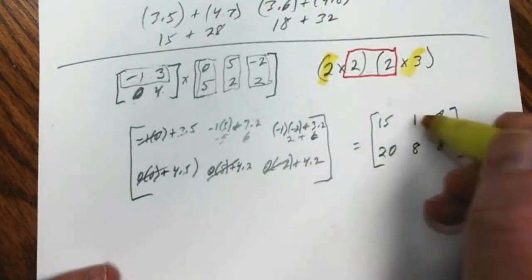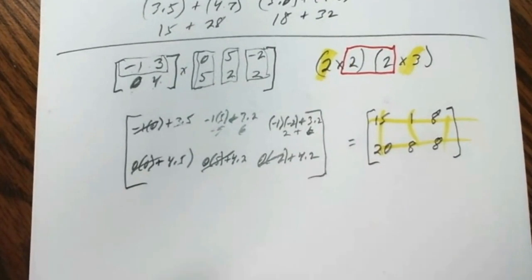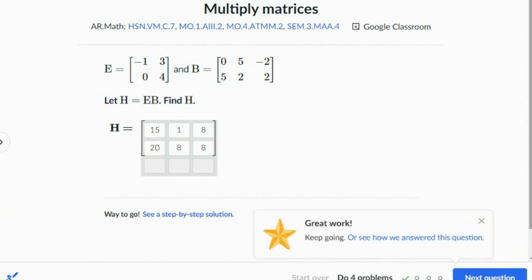And it is, look, 2 by 3. This is the answer we need to put in, and let's see if we're right. So it's a 15, 1, and an 8, and a 20, 8, and 8. Great work. So we did the first one together there.